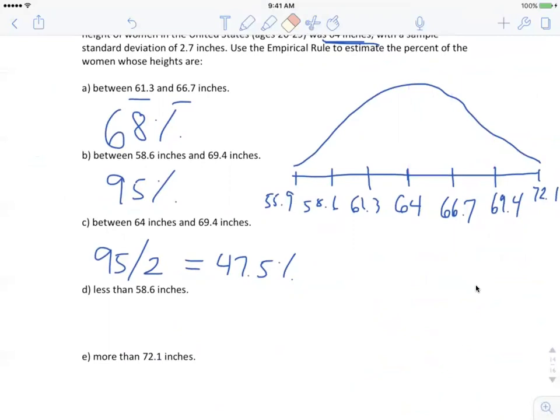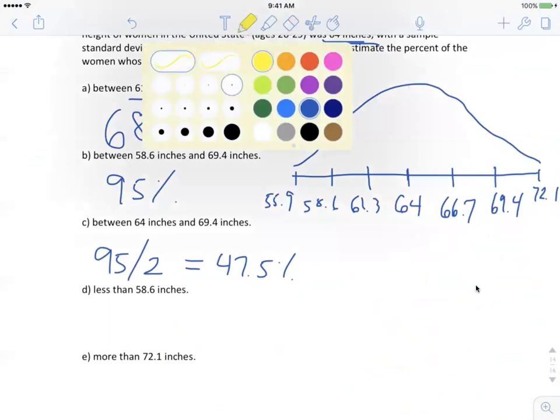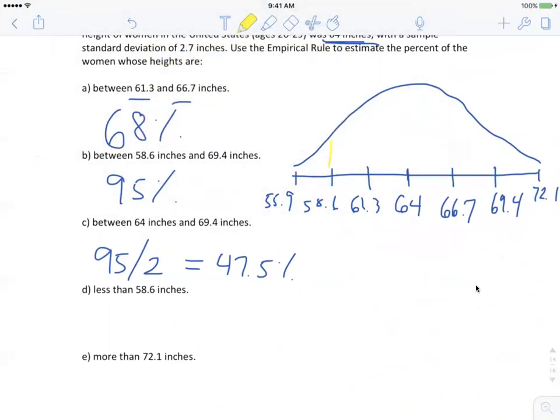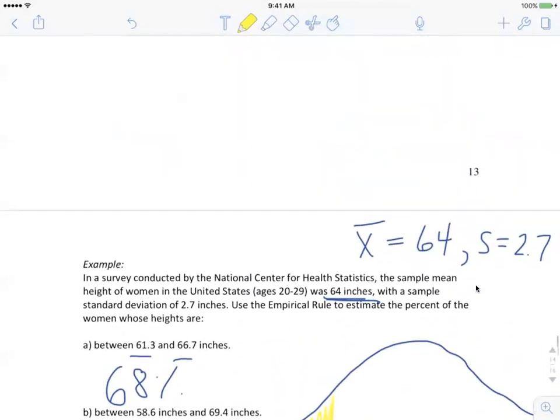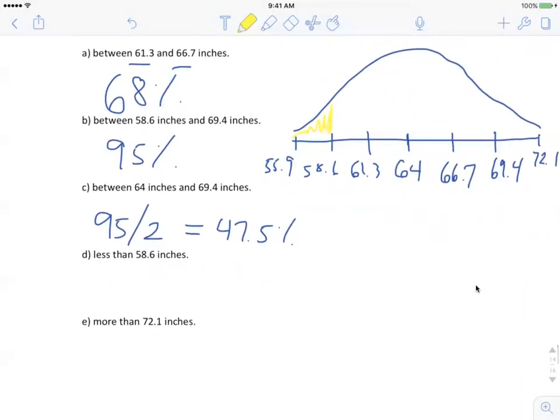How about less than 58.6 inches? Where's my 58.6? There it is. Let's do the yellow. It's that little area right there. Less than 58.6. 58.6 was 1, 2 standard deviations below.